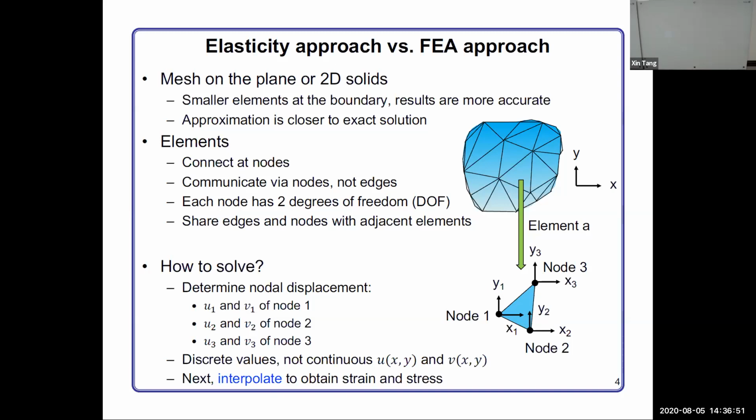With the elasticity approach, you can get the continuous solution rather quickly, but it is limited to well-defined geometry, well-defined shaped objects, and the material properties have to be relatively simple. For very complicated material property combinations, it's very hard to get a simple analytical solution. You can still use the series method to solve it, but it's more complicated and not very easy to use. Okay.